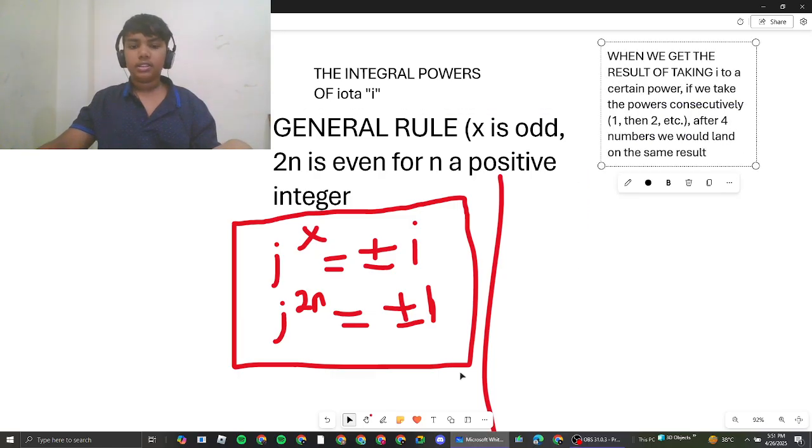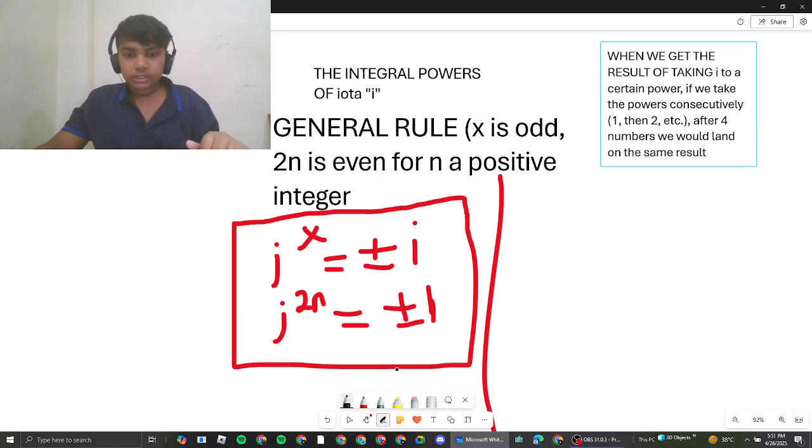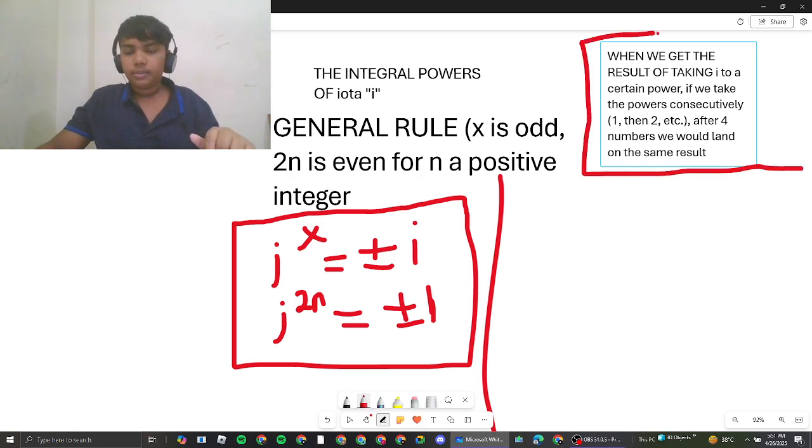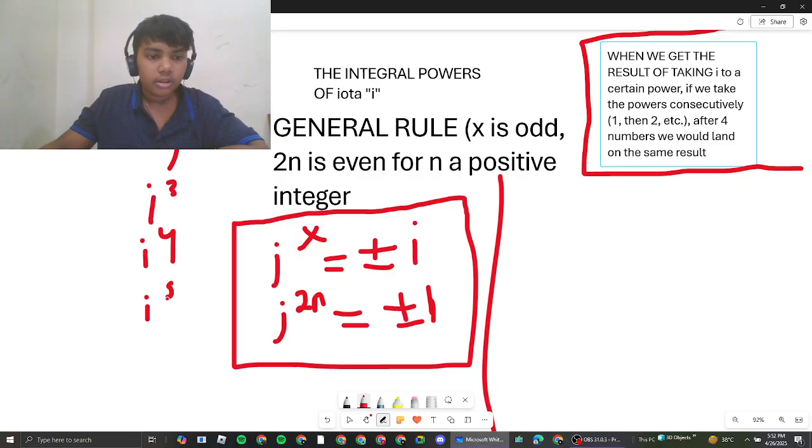I already explained that, for example, I to the 0, I to the 1 is I, then after 4 times, so 1, 2, 3, 4, this will be I. Check, it's true.